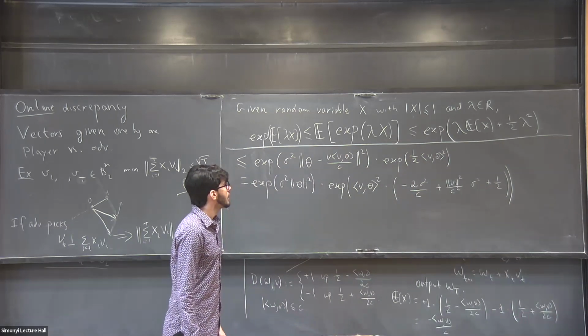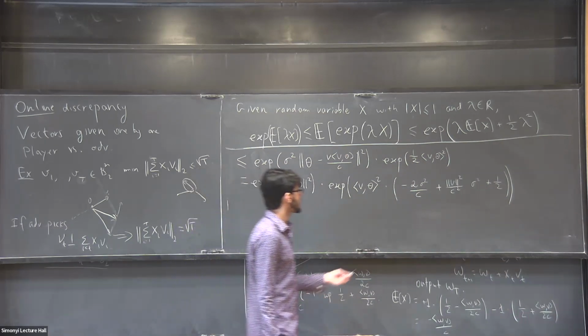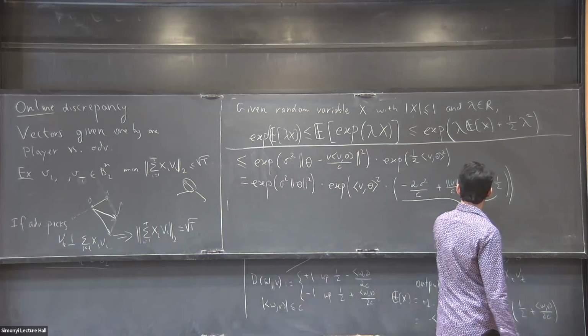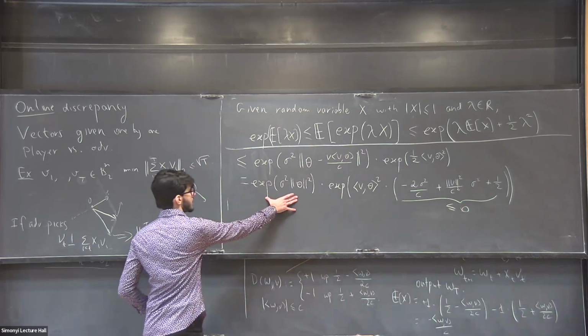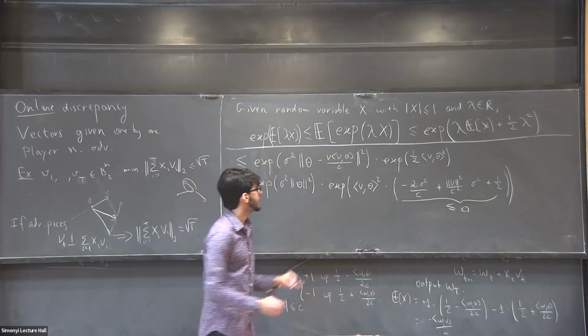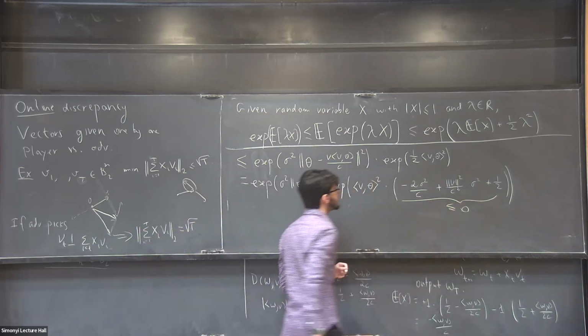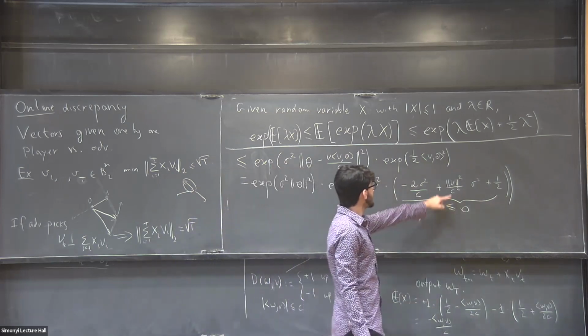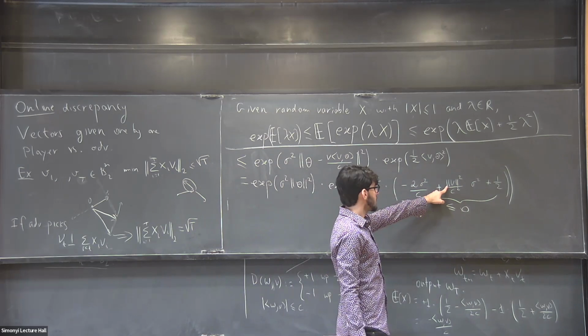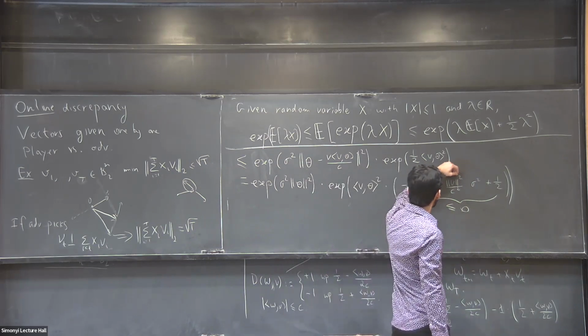And in order to finish, we just need to show that this is negative, because we want an upper bound by this. So if this is less than 1, we're done. So the vector, notice that we're assuming that its length is at most 1.